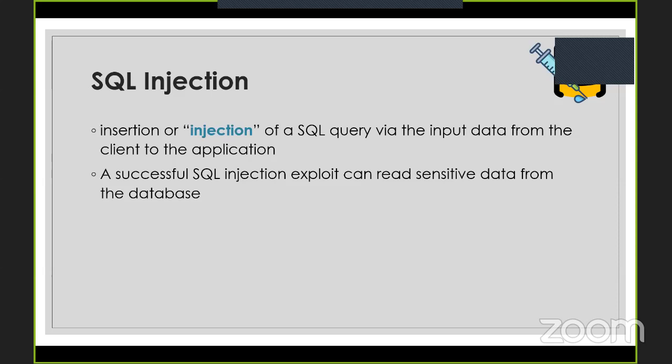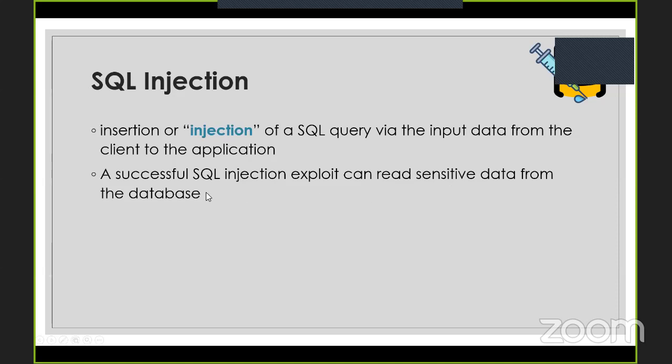The next one is SQL injection. It is the insertion or injection of a SQL query via the input data from the client to the application. So you inject a query inside the query like that. A successful SQL injection exploit can read sensitive data from the database.